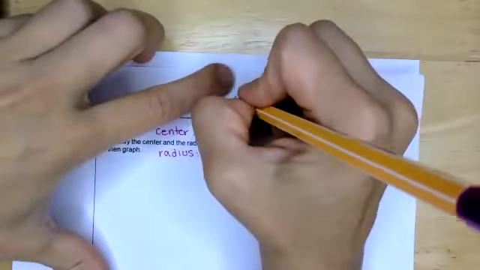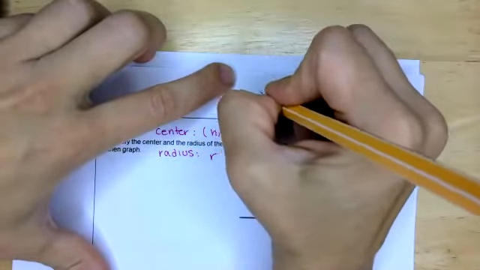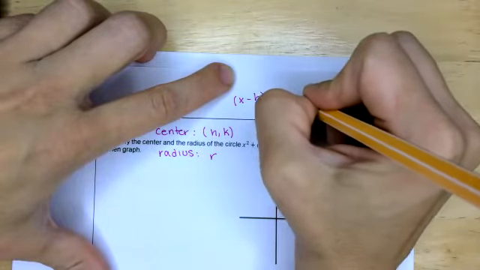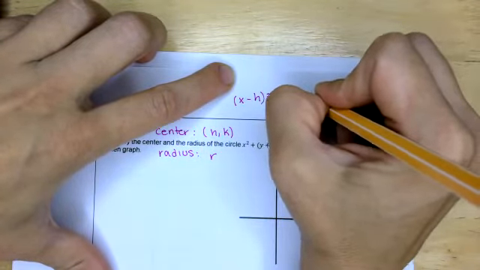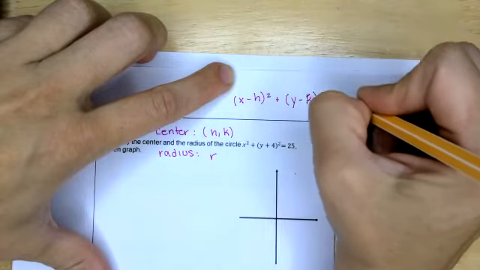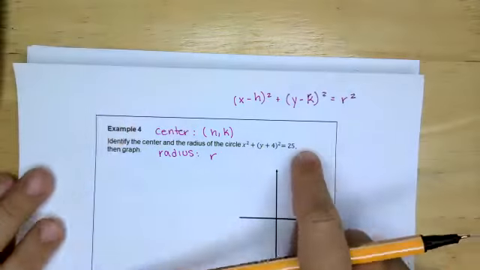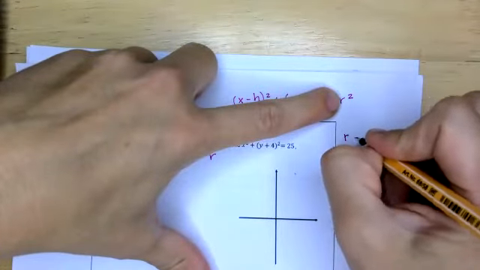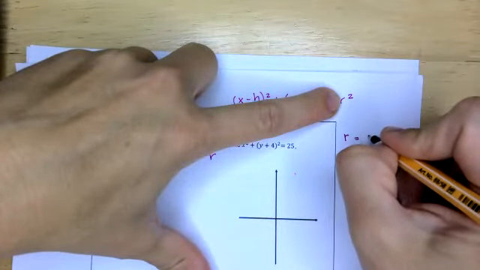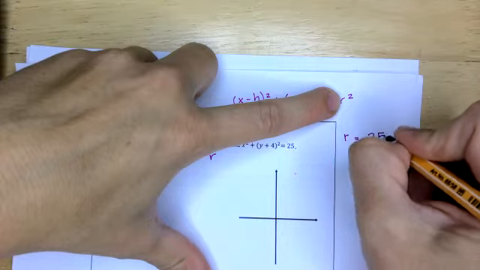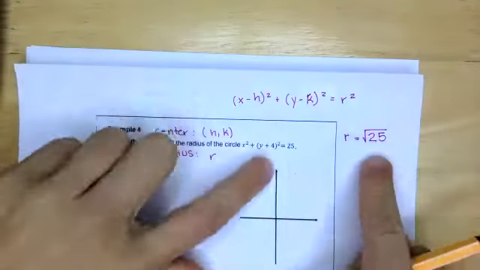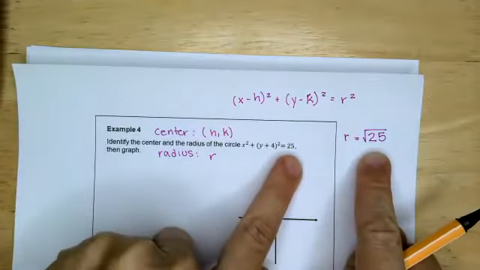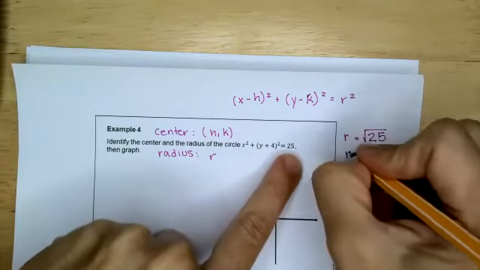From the formula, x minus h squared plus y minus k squared equals r squared. So r is going to be the square root of 25, right? Because that's r squared. So the square root of 25 is 5.